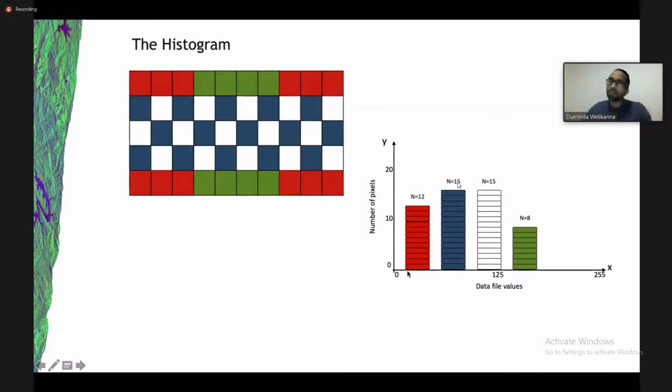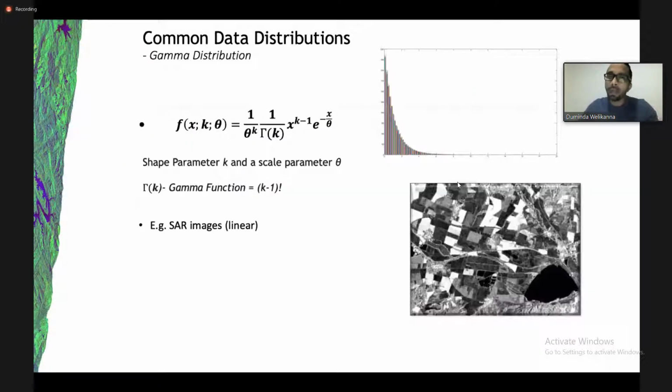So basically, histogram is distribution. And looking at the distribution of your image is very, very important in satellite image processing. So histogram is like looking at your image in a very different manner, in a very summarized and composed manner. So always when you're doing image processing, try to generate a histogram for your image and try to understand which DN values or which pixel values are most highly occurring, which pixel values are not occurring.